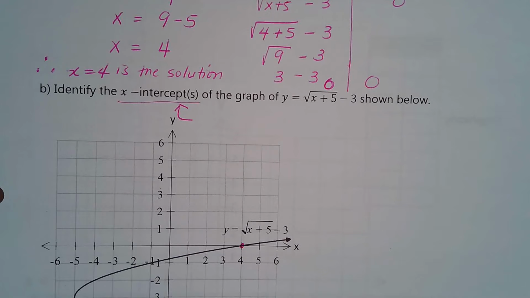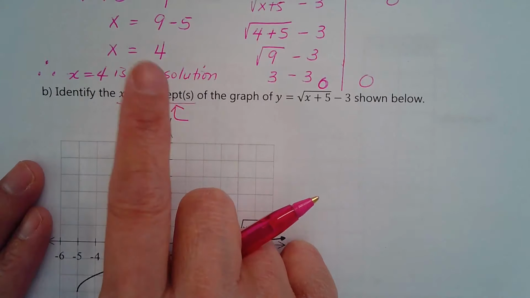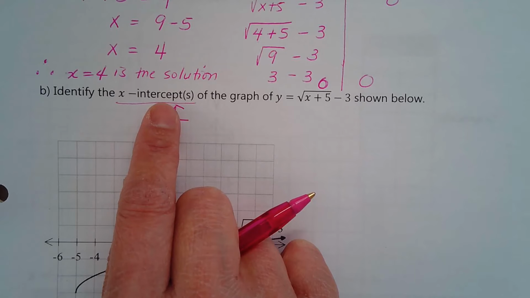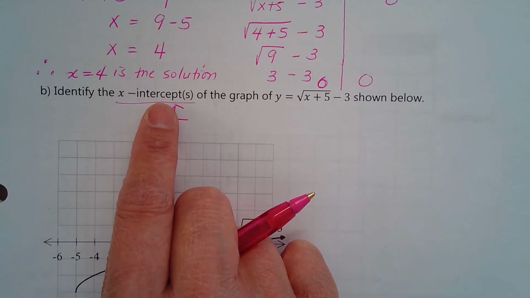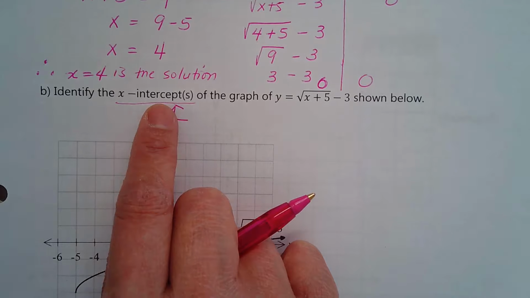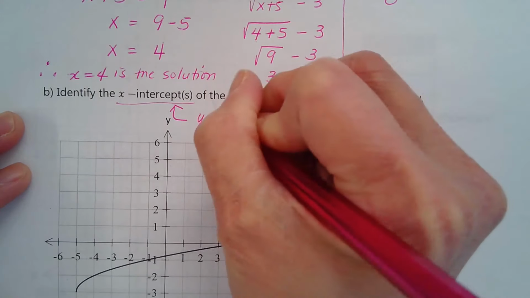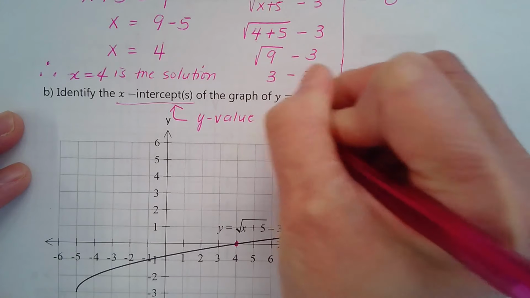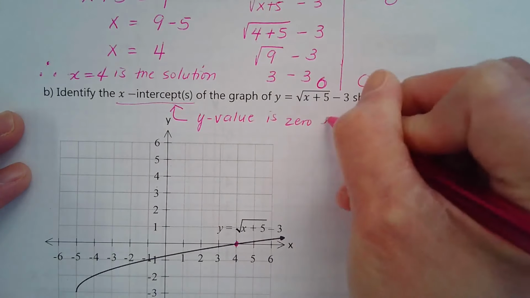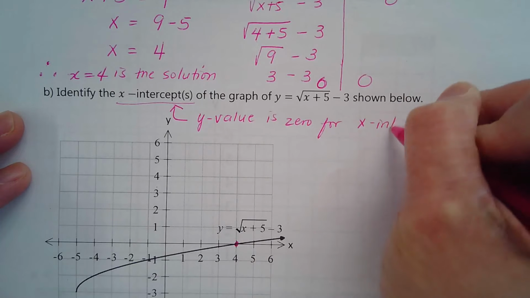Excellent. So we know when something is an x-intercept, it touches or crosses the x-axis. So the y value is 0 for an x-intercept, correct?